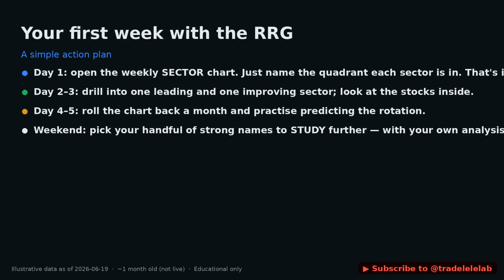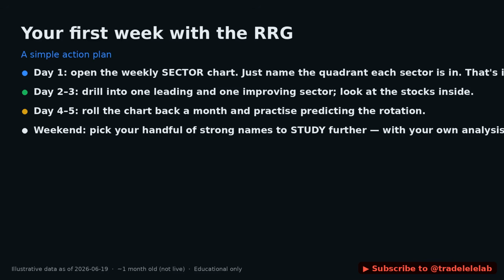To finish the practical part, here is a gentle plan for your very first week with this tool. On day 1, simply open the weekly sector chart and do nothing more than name the quadrant each sector sits in. That alone builds the habit. On days 2 and 3, drill into one leading sector and one improving sector and look at the individual stocks inside them.